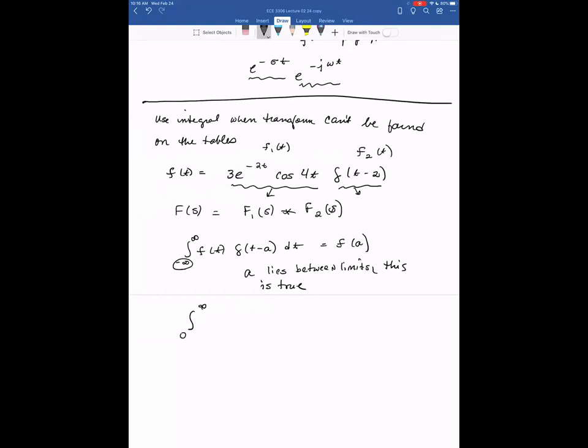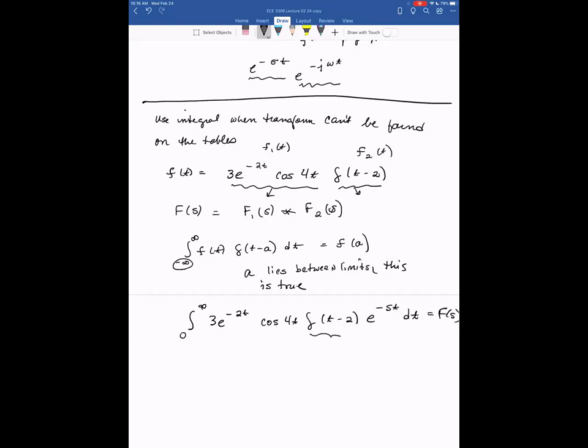So let's write the integral of what would be the Laplace transform of this function that I wrote above. So it's f of t, which is 3e to the minus 2t cosine 4t delta of t minus 2. That's our function. And then we have to have our e to the minus st dt. And that's going to be our Laplace transform, which is written as capital F, a function of s. So now remember the shifting property.